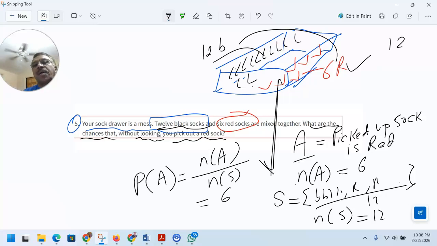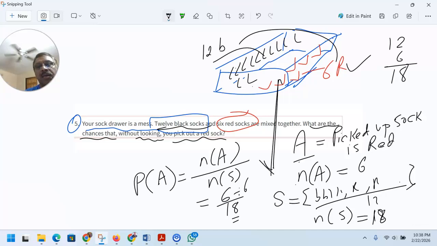How many total socks are there? 12 plus 6, that's 18. So the answer is 6 over 18. And if you divide by 6 up and down, you get 1 over 3. And you're done. So just keep it this way.